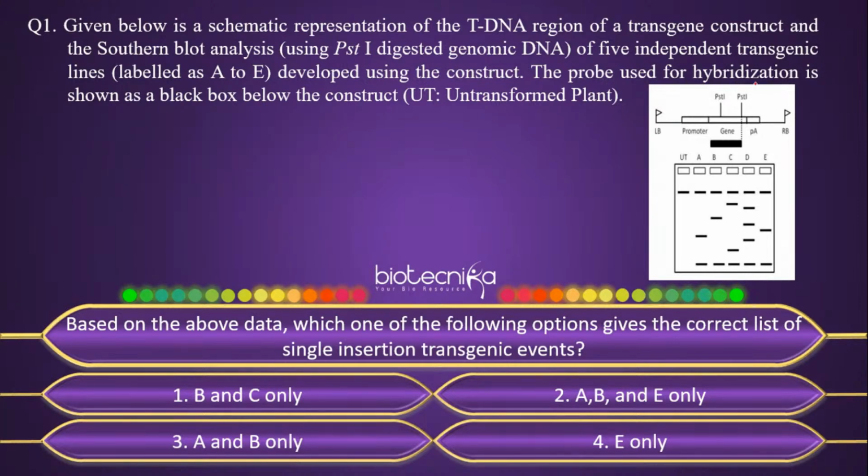The probe used for hybridization is shown as a black box below the construct, and UT is the untransformed plant. Now, based on the above data, which one of the following options gives the correct list of single insertion transgenic events? The options are on your screen. So tell me, according to you, which is the correct option?